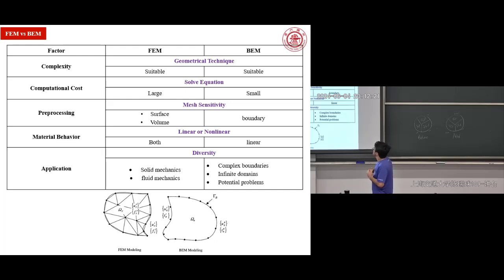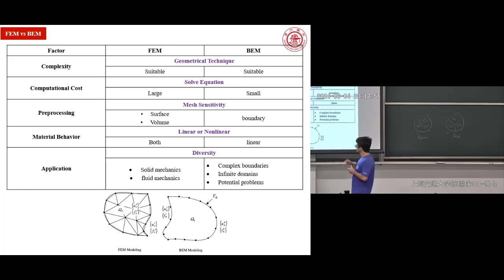In some items with the blue colors such as geometrical techniques, solve equation, mesh sensitivity, linear or non-linear material, and diversity. You can see between FGM and BM are some big differences in using material for the driving or modeling systems, especially continuous structure.